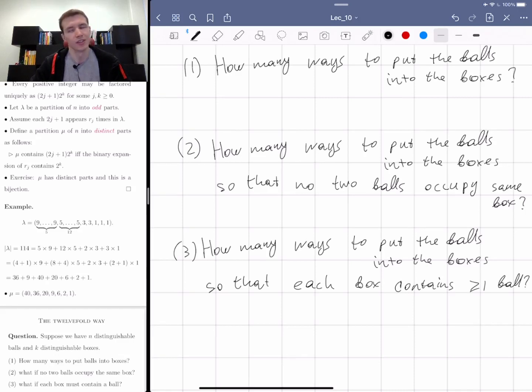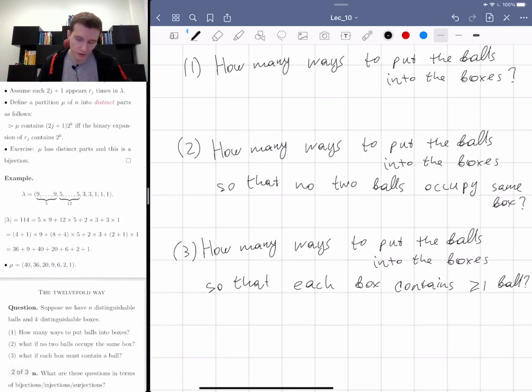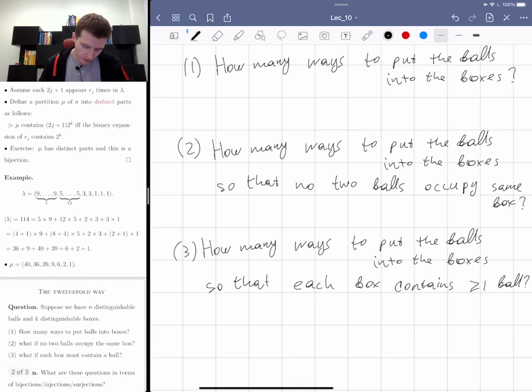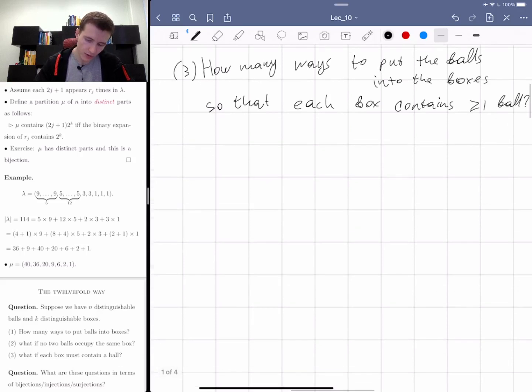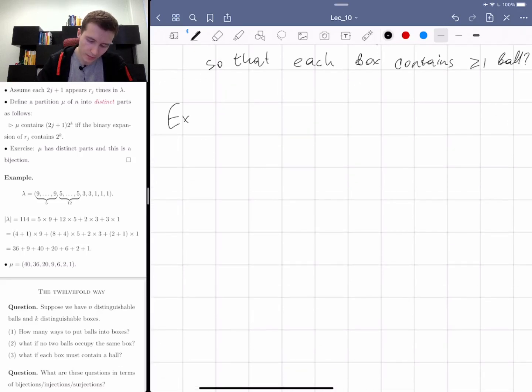So that's the classical formulation in terms of words, but of course what we are used to in this class is formulating this in terms of bijections and injections. Before I formulate in terms of surjections, let me give an example to make sure it's clear.